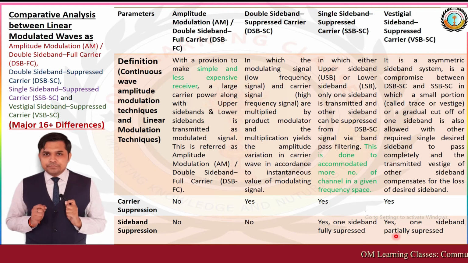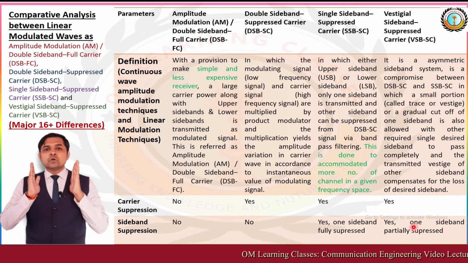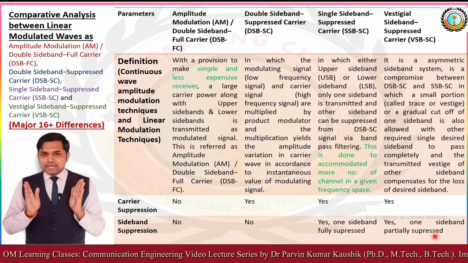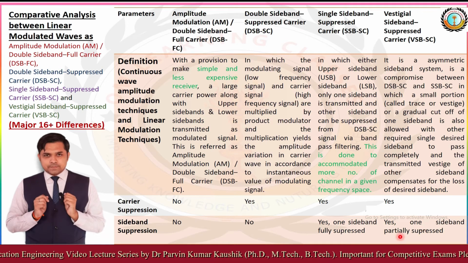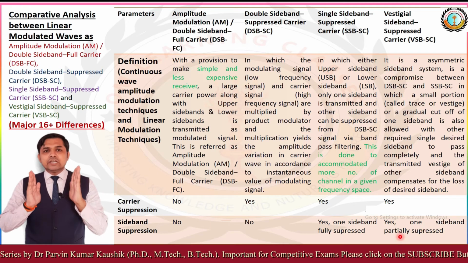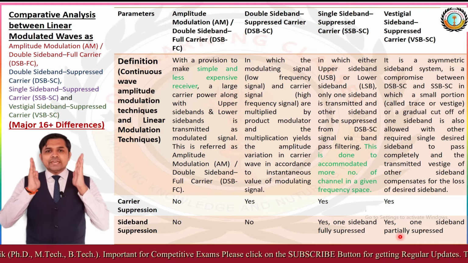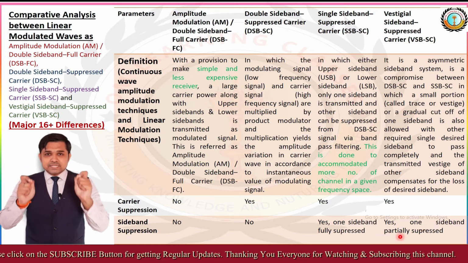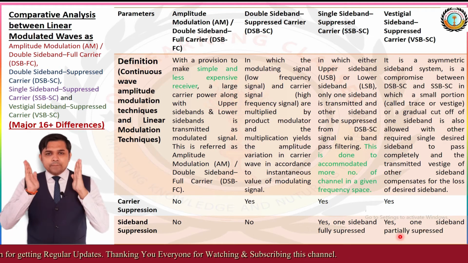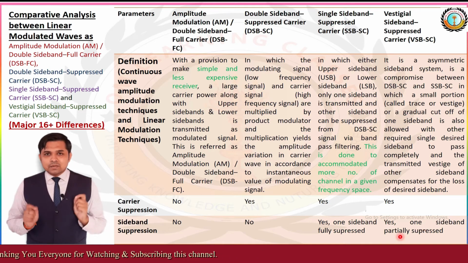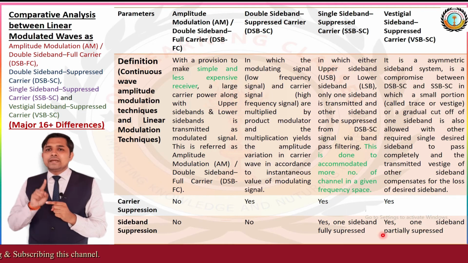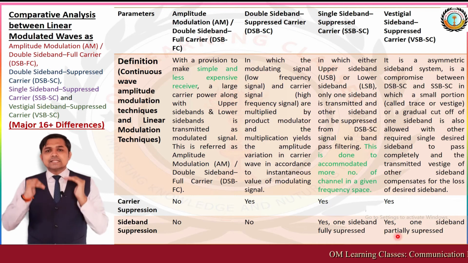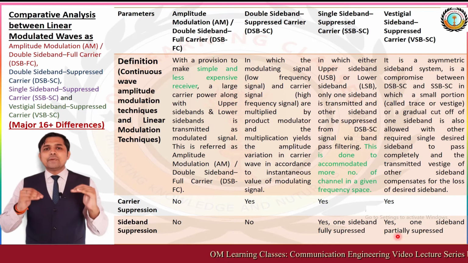In VSBSC, we have almost one sideband and a vestige portion of the other sideband, and that vestige portion contains only 25%. So in VSBSC, both sidebands are present, but the other sideband is partially suppressed. So we can say there is also partial sideband suppression.